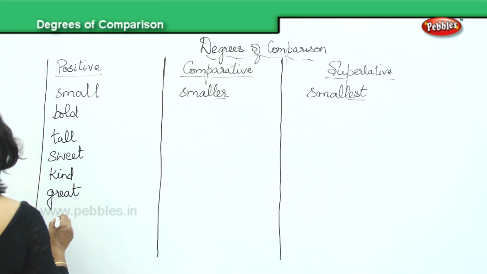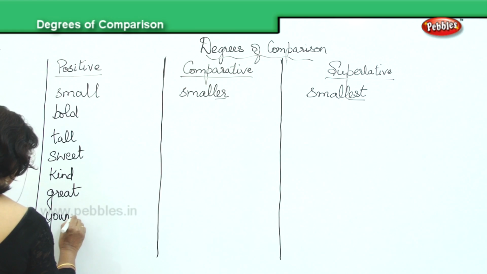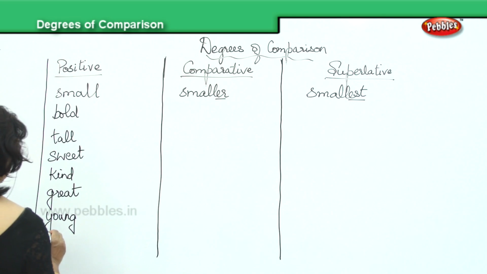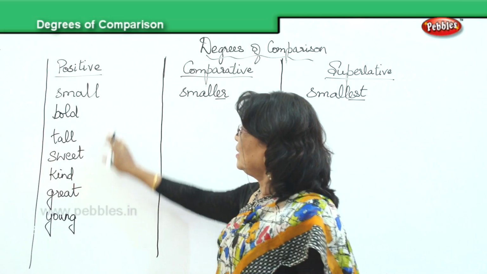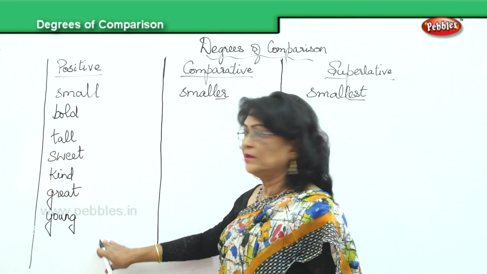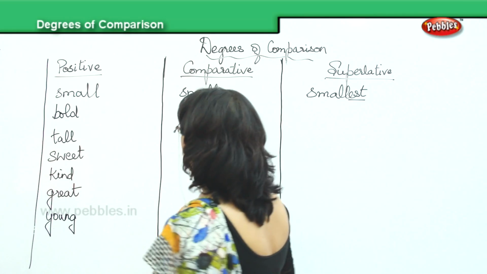Can have kind you have written. Young. Okay. I'll give you this many: small, bold, tall, sweet, kind, great, young. Shall we see the comparative and superlative now?